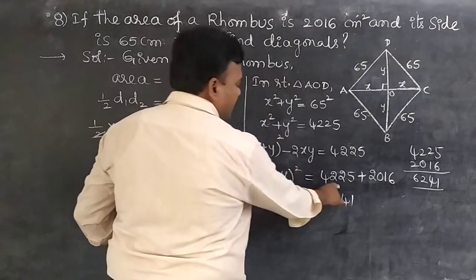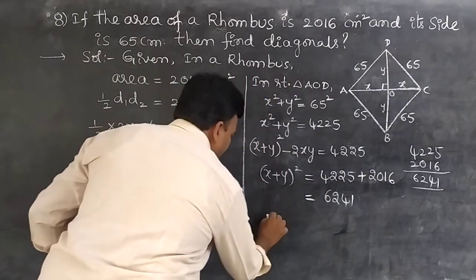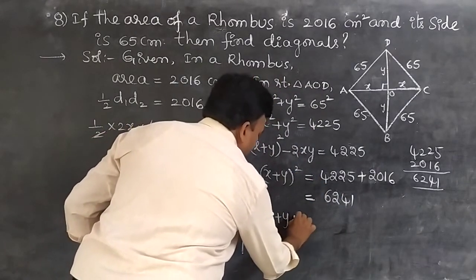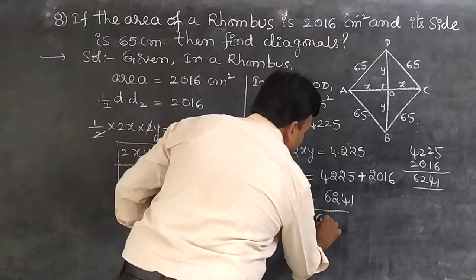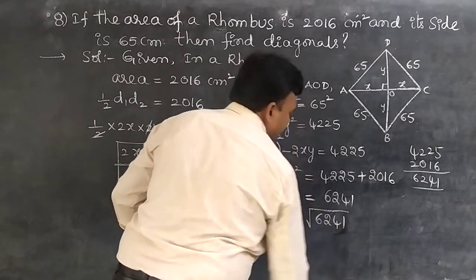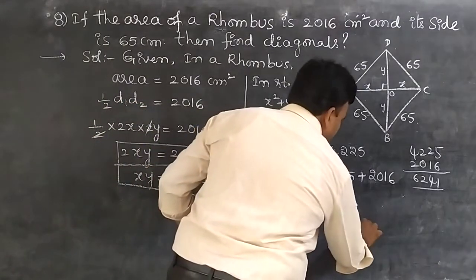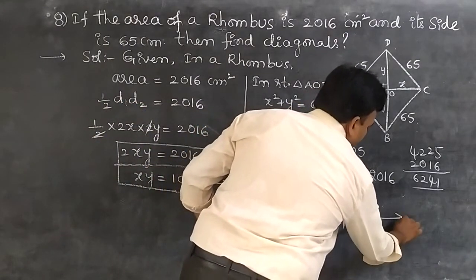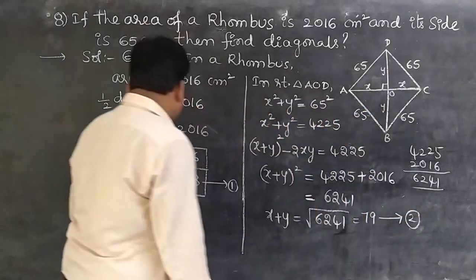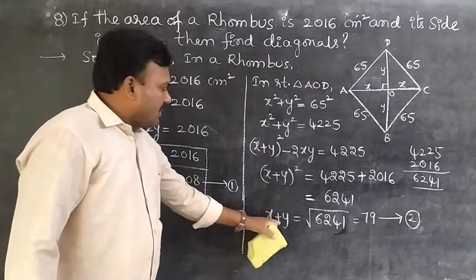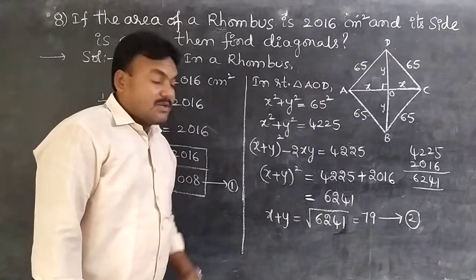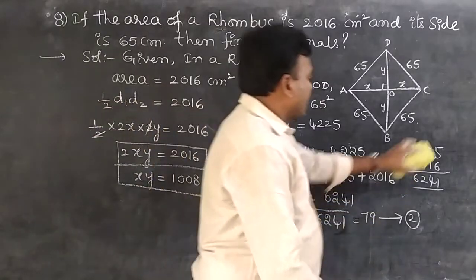This square transferred to the right side becomes square root. So finally x plus y equals square root of 6241, which is nothing but 79, students. This is equation number 2. So xy equals 1008 and x plus y equals 79. Equation 2, students.